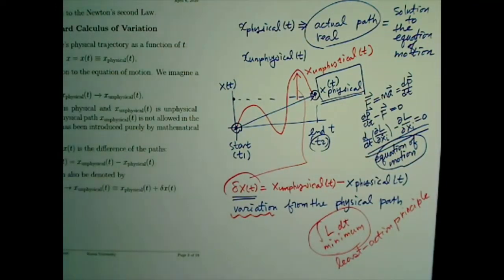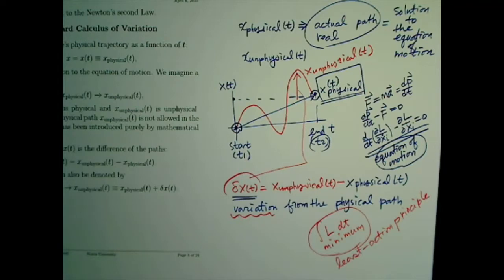This is a free motion of a particle, and we say that this straight line is the free trajectory of that free particle, and the actual trajectory of the particle is called x physical.